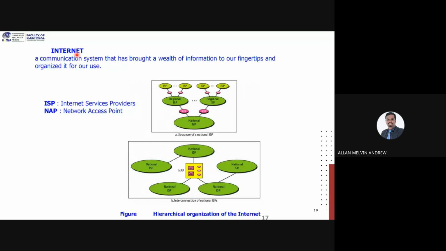So you can get a lot of information by just searching. Nowadays it's going more advanced, and you can access it because the information has been available on the internet for so many years.